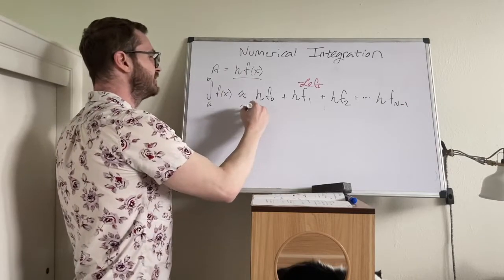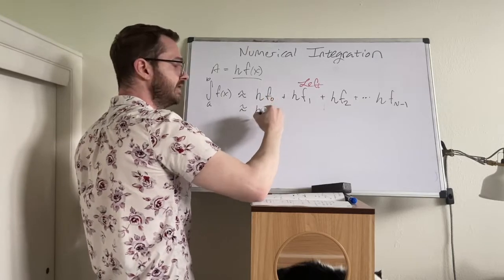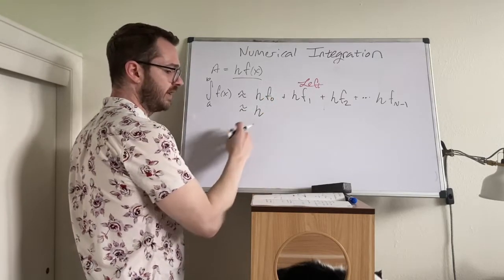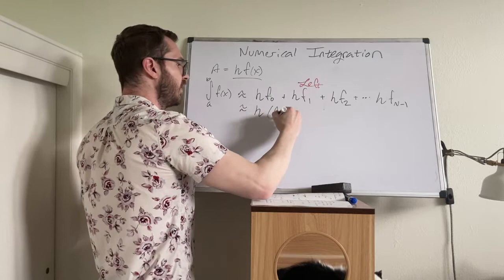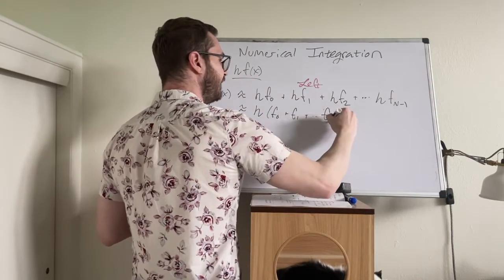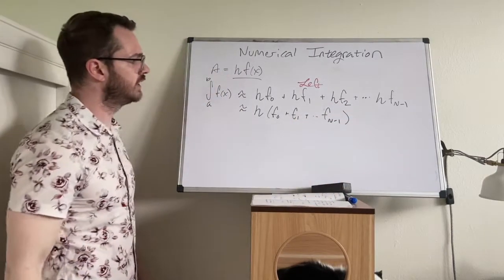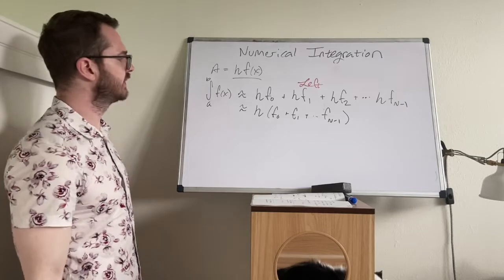So how can we simplify this? We can factor out the h, and then we could just say f0 plus f1 plus dot dot dot f n minus 1. And if we wanted to, we could write it using summation notation, something like that.